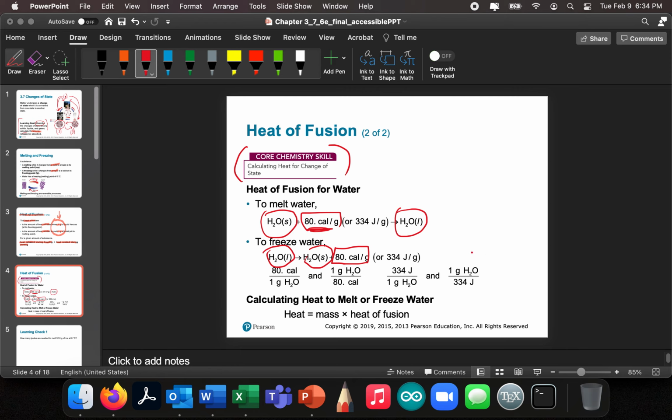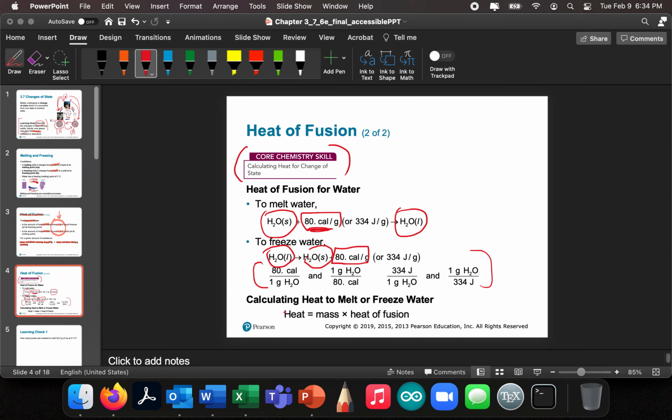And here are some conversion factors. We've invested some time this semester in making conversion factors, and you can see that there's 80 calories for every gram of water, or 1 gram of water for every 80 calories, or 334 joules per gram of water, or 1 gram for every 334 joules.